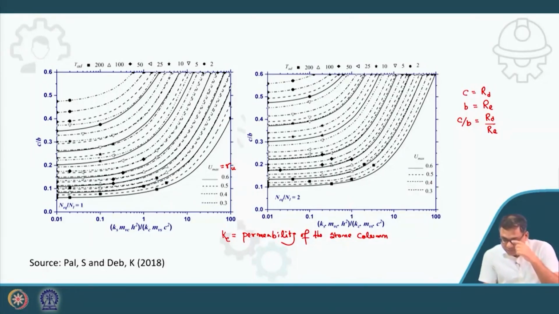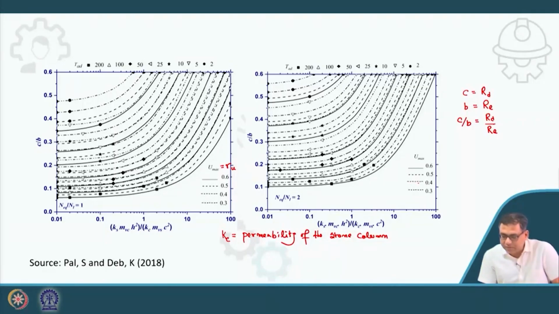And you can see in our chart the TAD value: 200 is this black dot, and 100 is this white triangle, then 50 is this black diamond shape, and 25 is white triangle. So you can see 25 is white triangle, and 0.4 is this line.